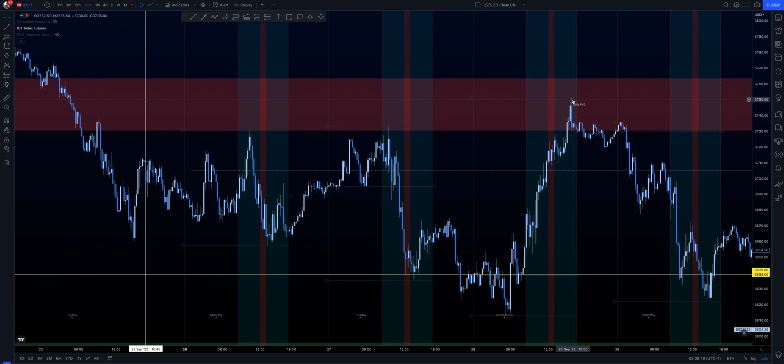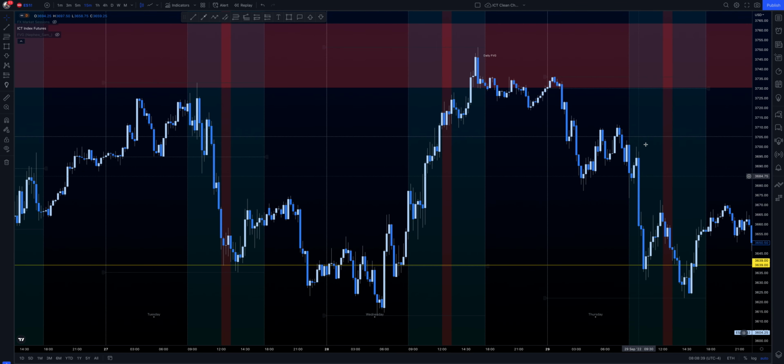This was late in the afternoon on Wednesday, and we were actually trading right towards the close, and we didn't have an entry at that time. So this would have been a failed or a missed opportunity to get in short. Obviously, none of this price action existed, so we didn't know if we were going to continue to close in this gap. And then we've actually got an OTE here.